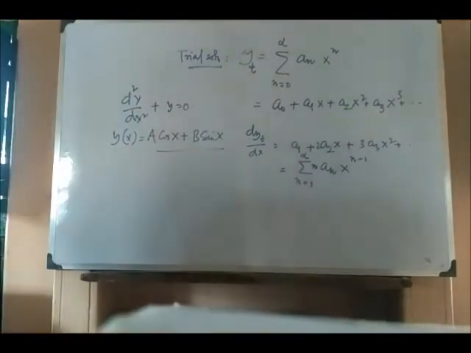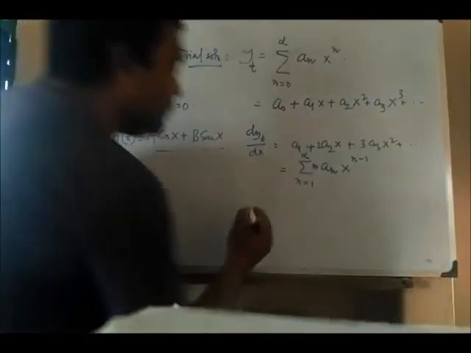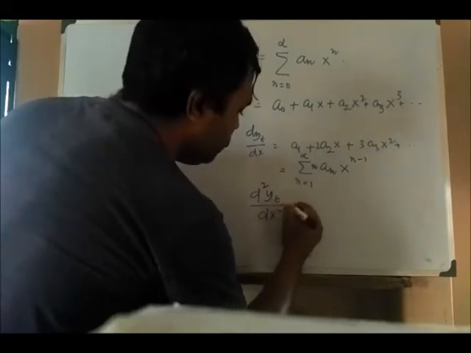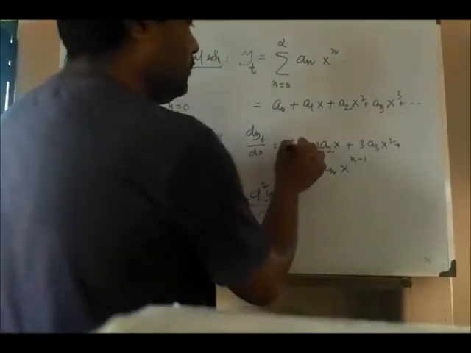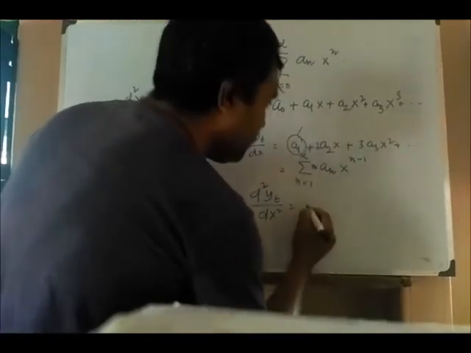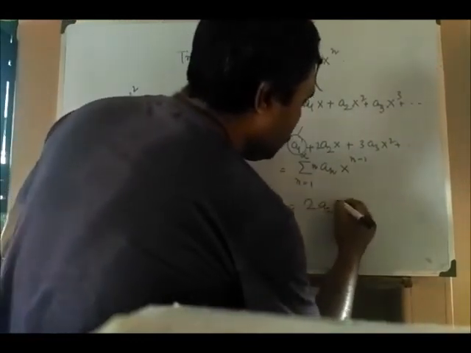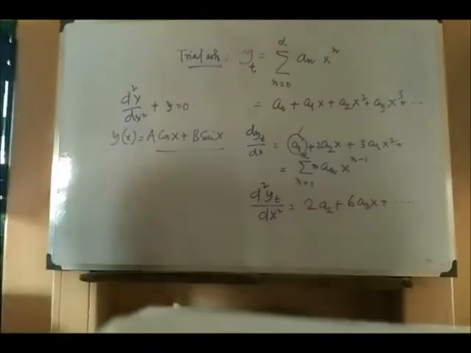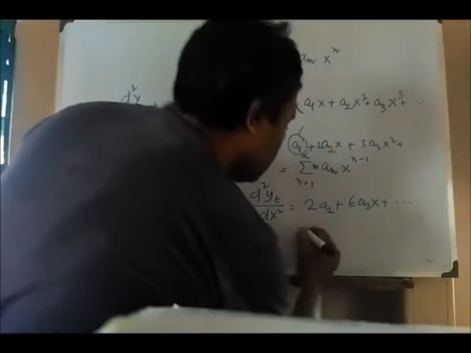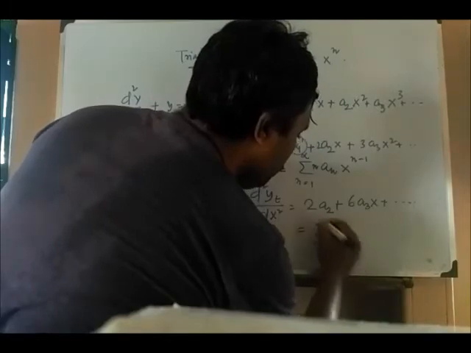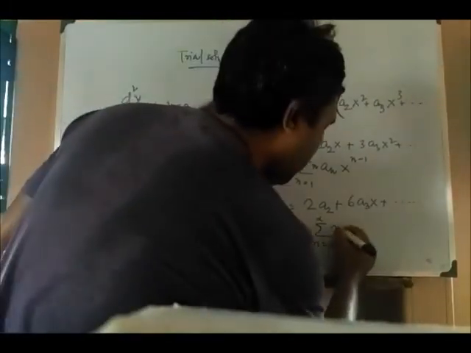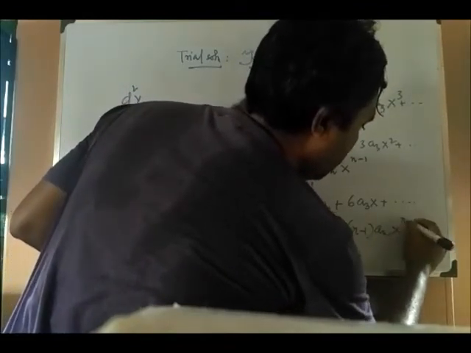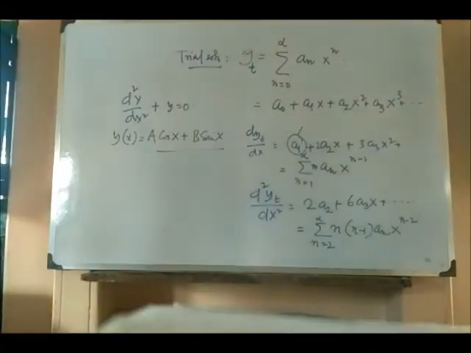Now if you differentiate a second time this power series, what you will get, d2y(t) by dx2, will be obviously, now this term will become 0 and you will get just 2a2 plus 6a3x plus dot dot dot. Now this can be expressed as the sum of n equal to 2 to infinity n into n minus 1 a_n x to the power n minus 2, right?